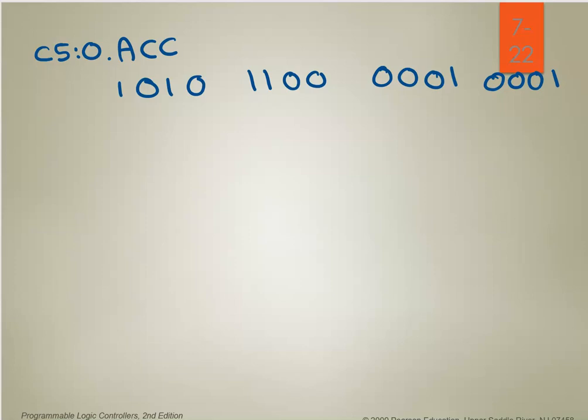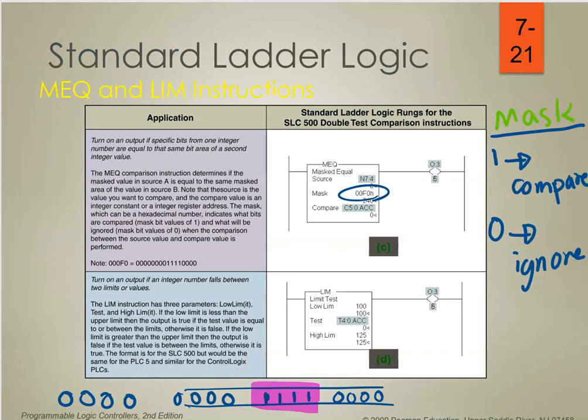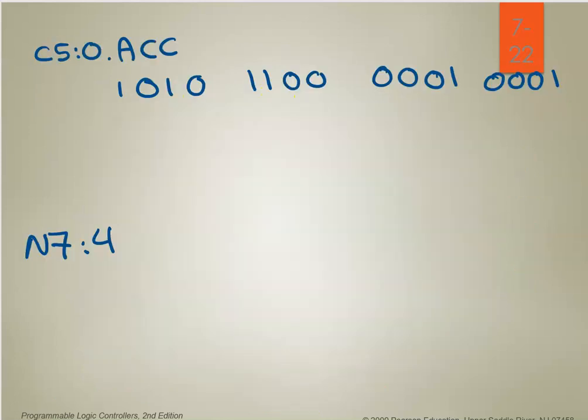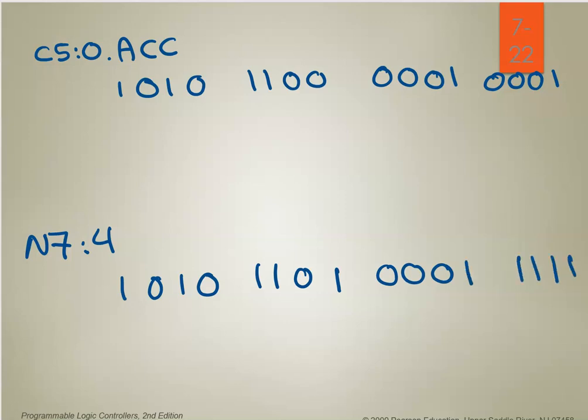And our integer file N7:4 is equal to 1010 1101 0001 1111. Let's assume that the first one is my accumulator value of counter 0, and the next one is the integer number I have at N7:4.